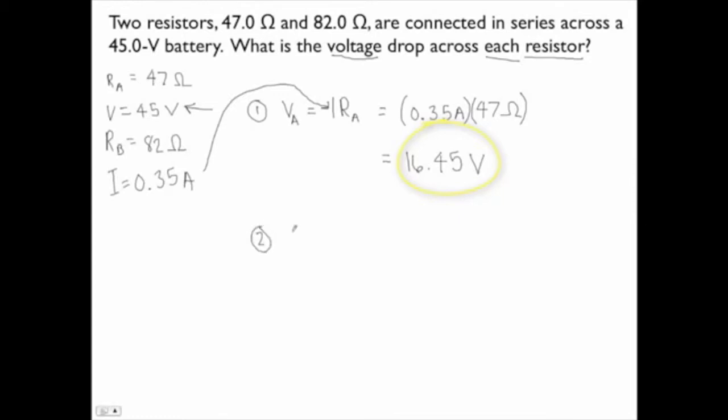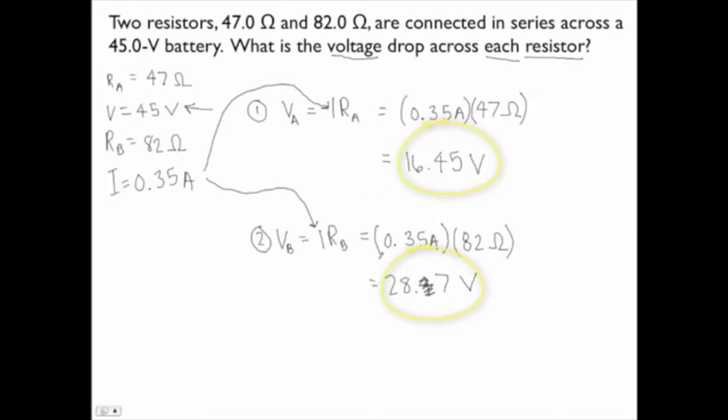Now to do the second one, you'll do exactly the same thing. You'll do the volts of B, and you'll put that same current in here, except you'll multiply by resistor B. This should be 28.7.